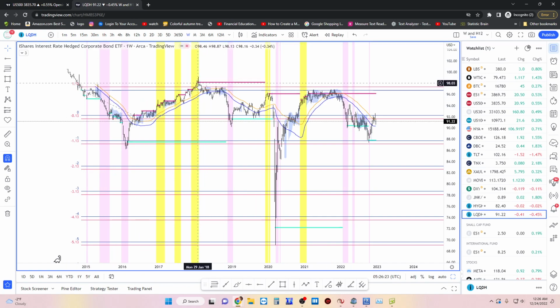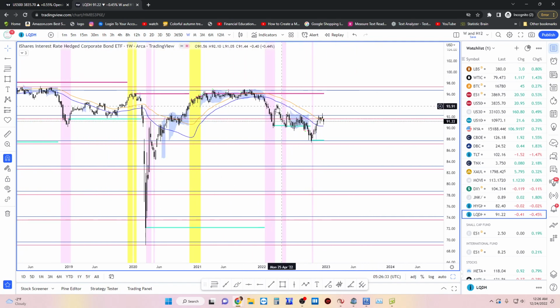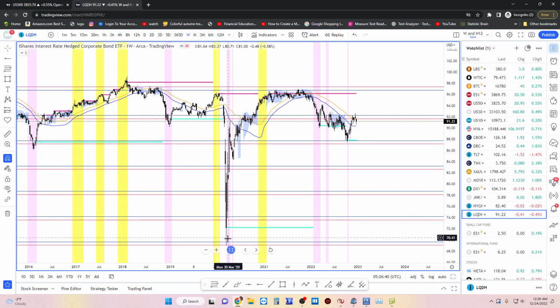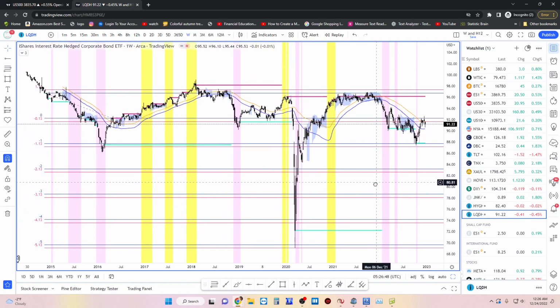It looks like this one's kind of a standalone, and then we anchored it to this, and it just happened to catch these lows and these highs really well, and rejection areas and support areas. And here, this low went through like four channels, but it did a really good job of catching that bottom.